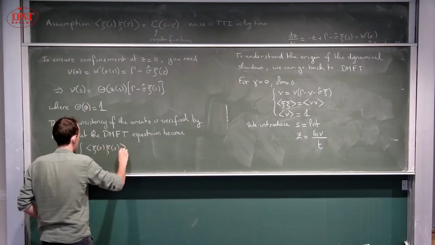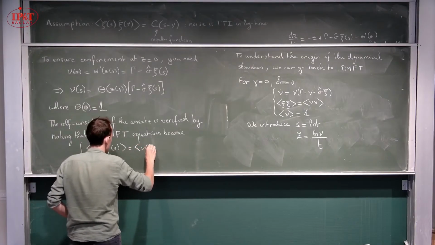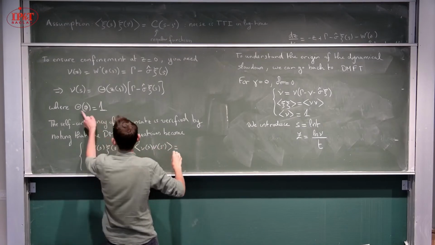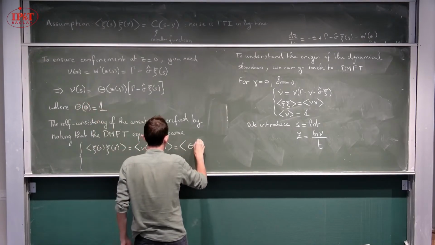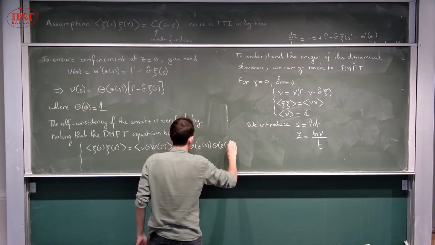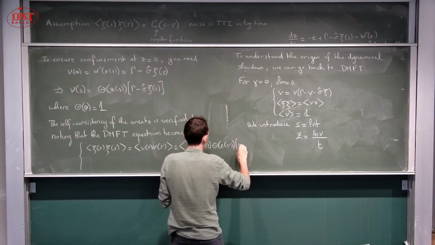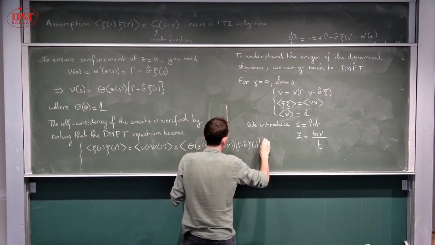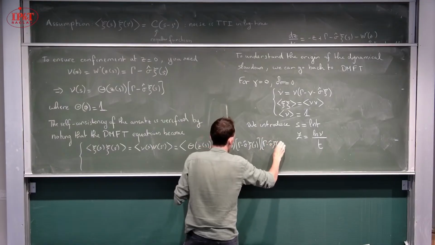psi s is equal to nu s prime, nu s prime. And this you can write for this equation: theta z of s, theta z of s prime, gamma minus sigma psi of s, gamma minus sigma psi of s prime.